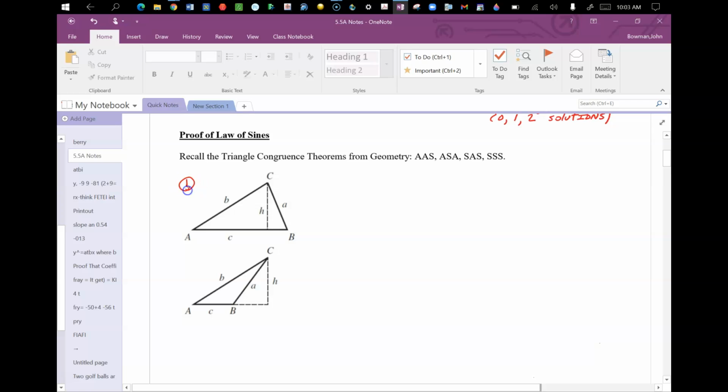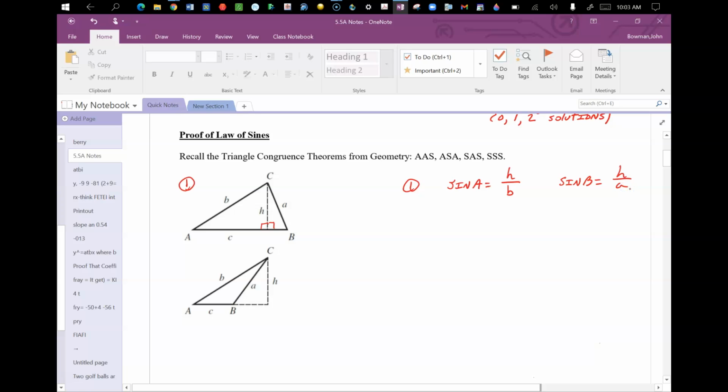So let's take triangle 1. And in triangle 1, we have the height drawn in, and as you know, the height is always perpendicular to the base. So we could say that the sine of angle A is equal to the opposite, h, over the hypotenuse, b. But we could also say in that same triangle that the sine of angle B is equal to the opposite, h, over a.